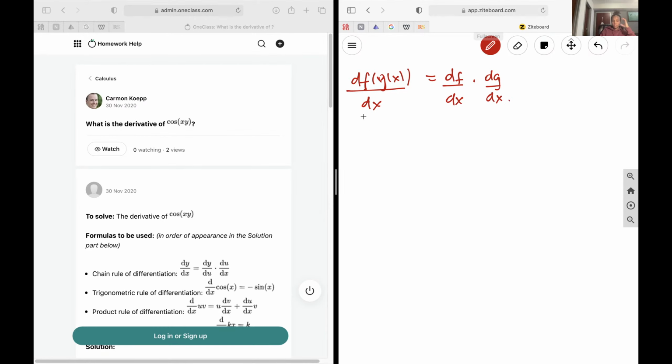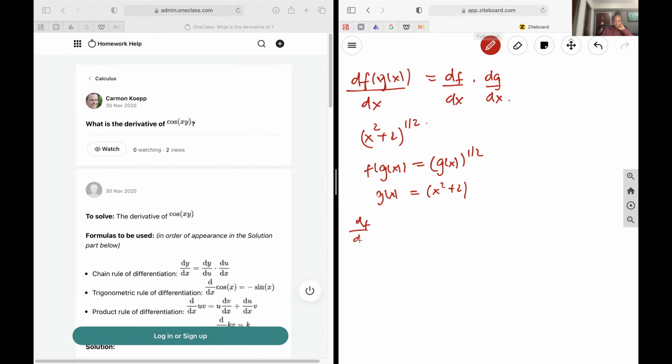As a quick example, if I had (x squared plus 2) to the power of 1 over 2, my f of g of x is g of x to the power of 1 over 2, and my g of x is x squared plus 2.